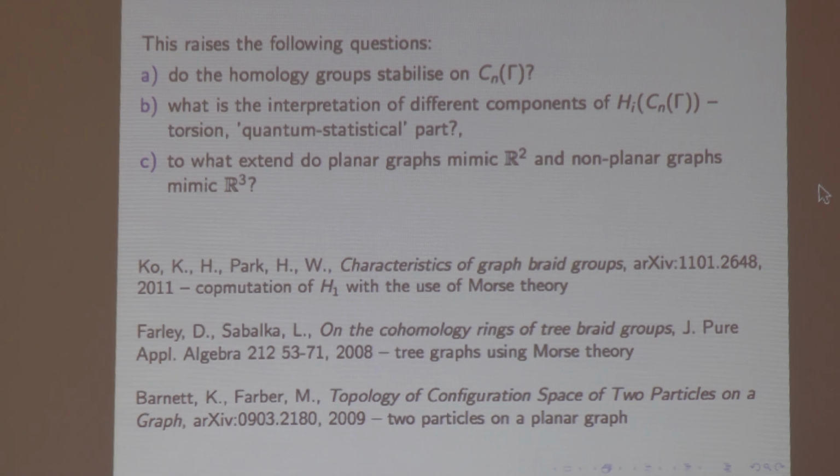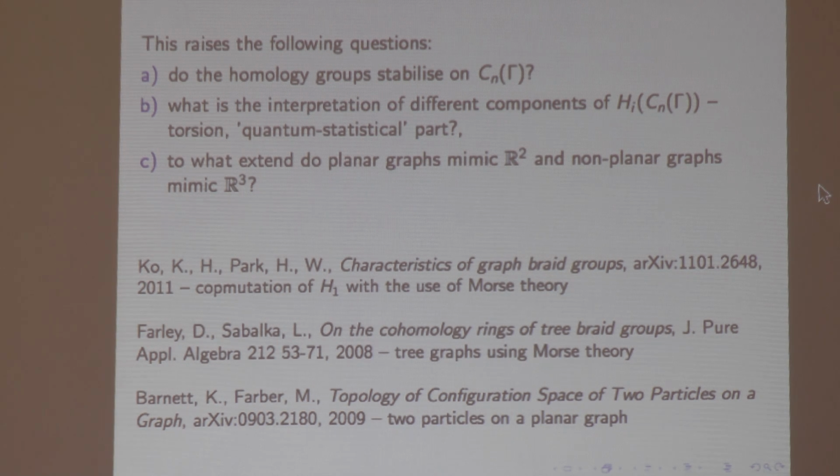We have some procedures which allow you to compute those homology groups, and it's quite good. The results for now are very small: we have only the second homology group for two particles, the first homology group for any number of particles, and homology groups for three graphs, but nothing more.